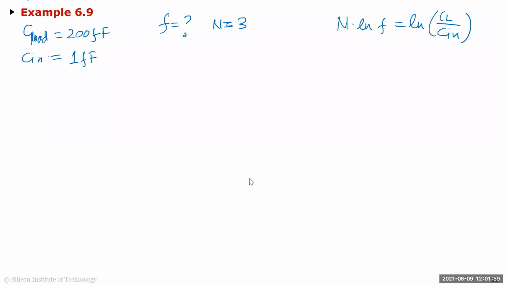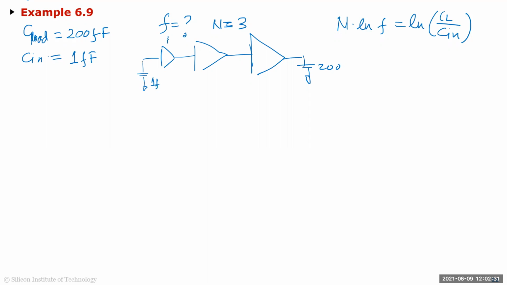So basically the question is that's the load to C in ratio. And the problem tells you that it is 3 stages. So you have 3 inverters in this fashion. This is 200, and the input cap for this inverter is 1.